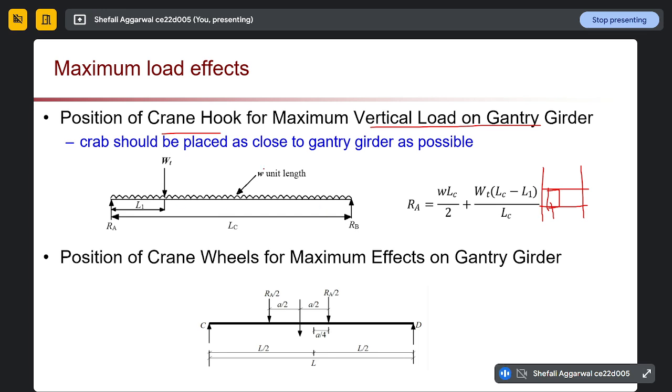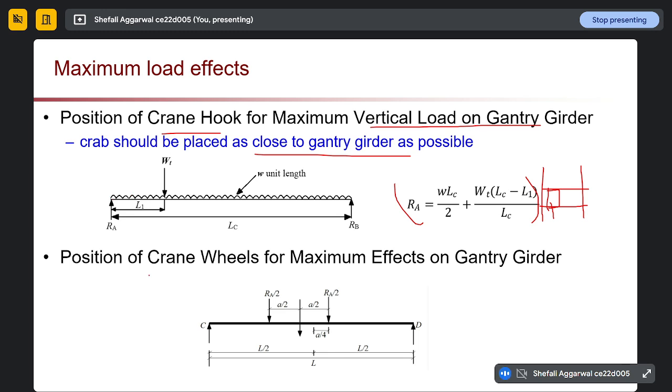It should be placed as close to the gantry girder as possible, and this will be the formula for the reaction on our gantry girder. So to consider the maximum loading on the gantry girder, we assume that our crane hook is placed as close as possible to our gantry girders.